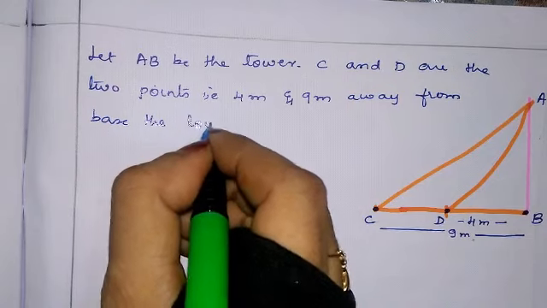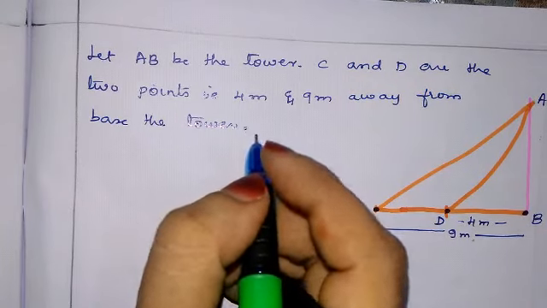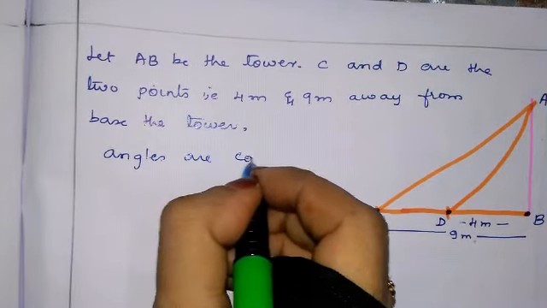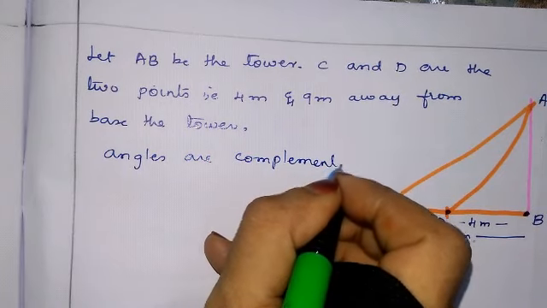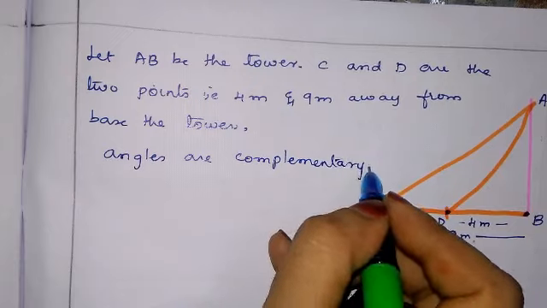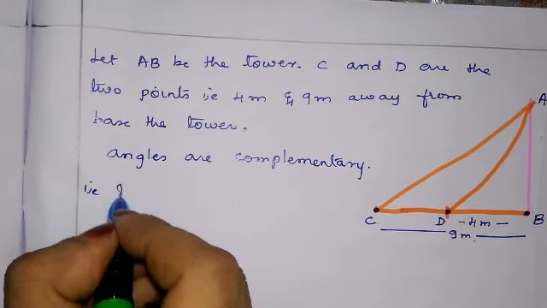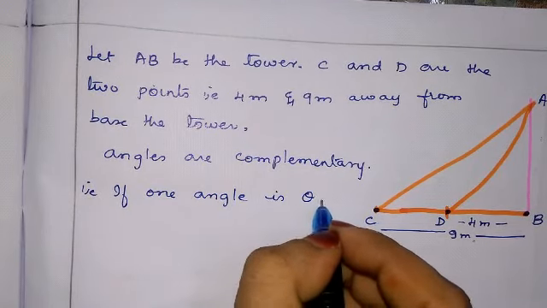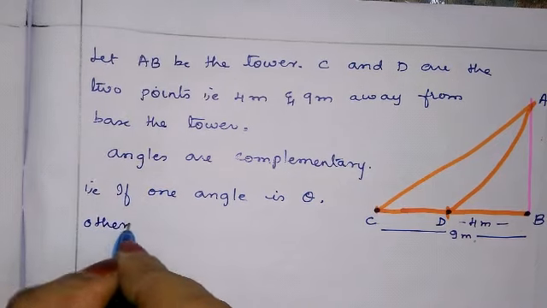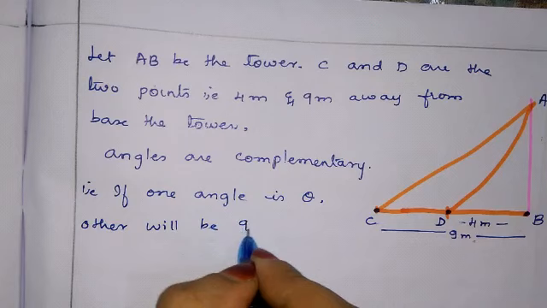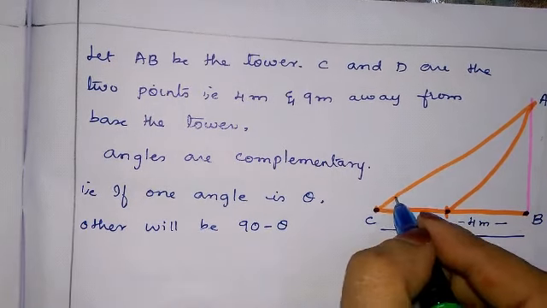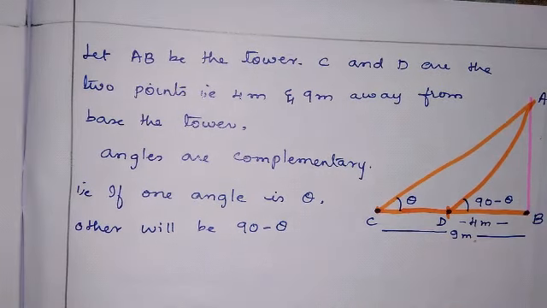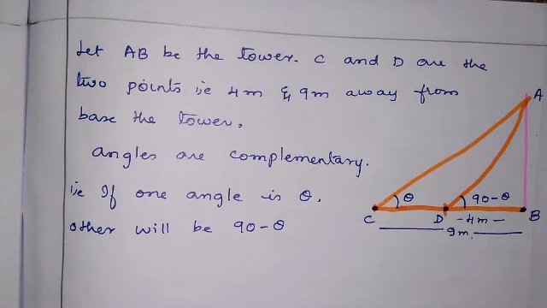Here the angles are complementary. They have told in the question. So when the angles are complementary, we know that if one angle is theta, the other will be 90 minus theta. For example, if I am taking this as theta, this will be 90 minus theta. So here they have told complementary, so we have to write this.